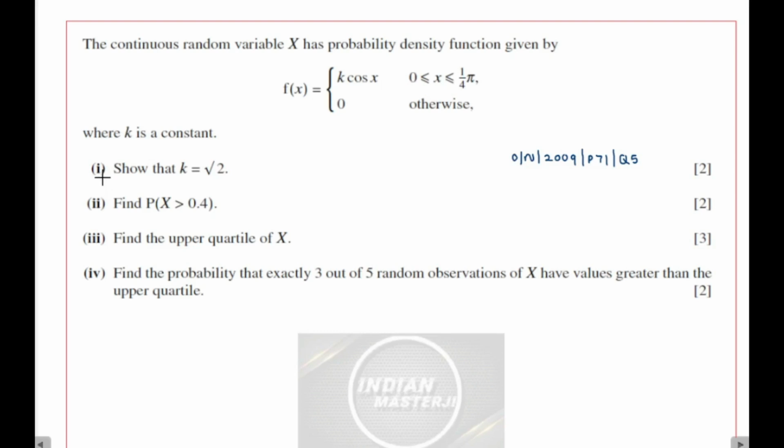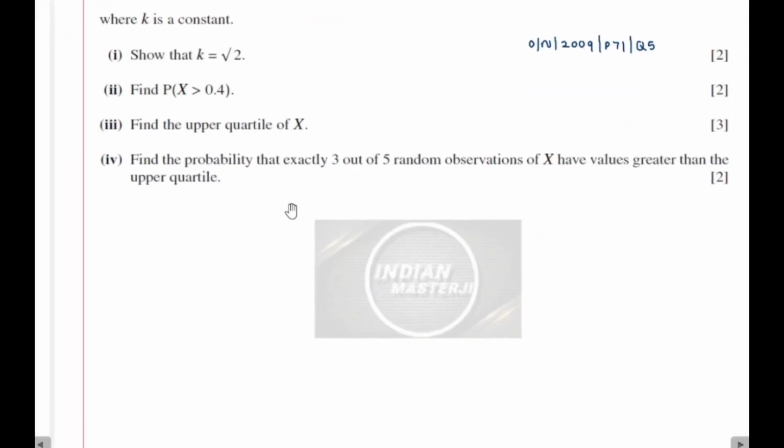What are they asking? The first part of the question says show that k is equal to root 2. So let's try to show that. We know that for any probability density function of a continuous random variable, the total area under the curve has to be equal to 1, correct?